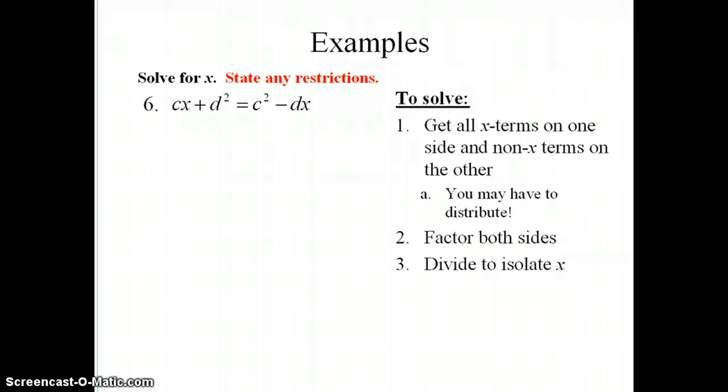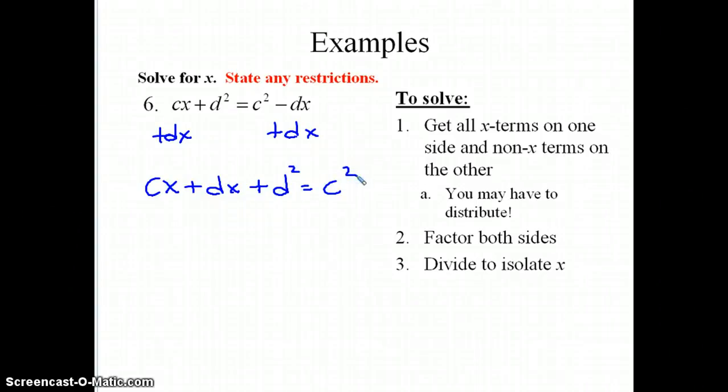Step number 1 says get all x terms on one side and all non-x terms on the other. So when I note I have a cx on the left and a minus dx on the right, I'm going to add dx to both sides. So I end up with cx plus dx plus d squared is equal to c squared.